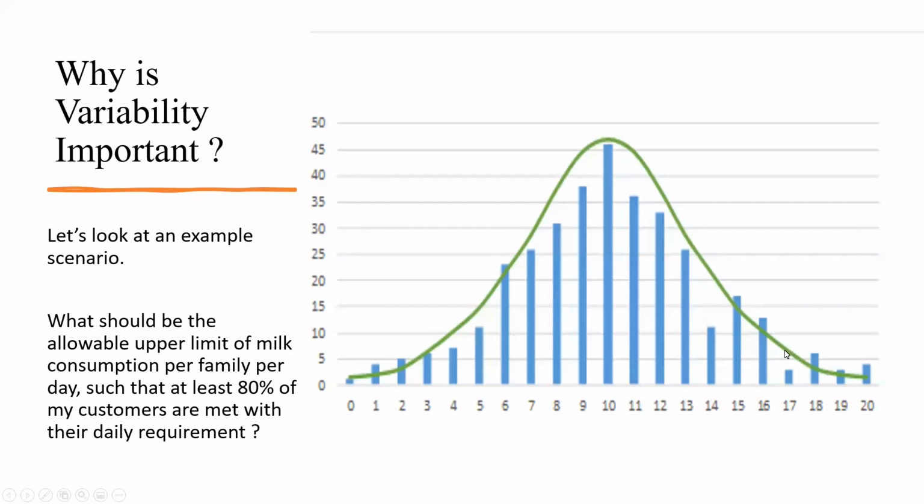The rest of these families might get 1 liter every day, but that will not meet their requirements. So to ensure that most of my customers are happy, let's say the business has come up with this solution: let's keep the upper threshold in such a way that 80% of my customers meet what they require on a day-to-day basis.